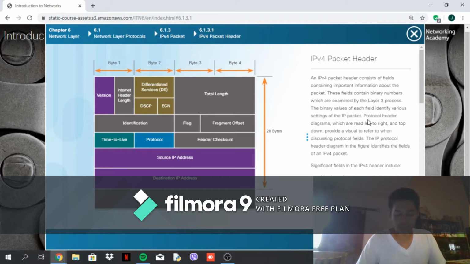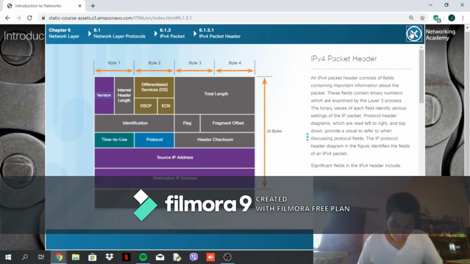IPv4 also lacks end-to-end connectivity, unlike IPv6. It's so lengthy, and it has a lot to familiarize about its packet. That is why IPv4 is being phased out and deprecated. But as of now, there are still people and networks that are using IPv4.